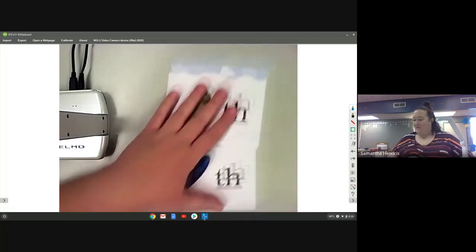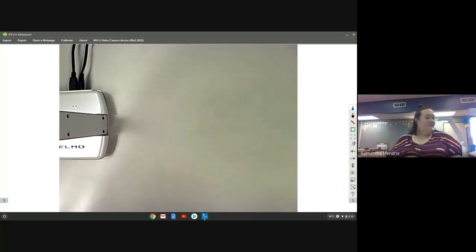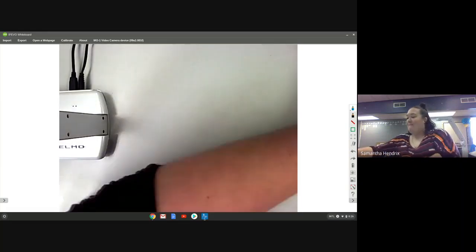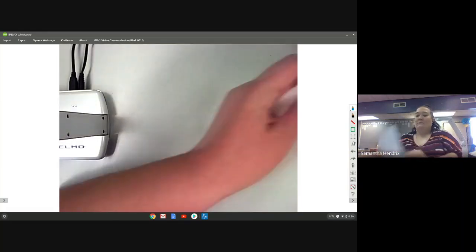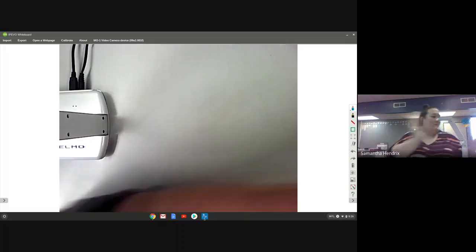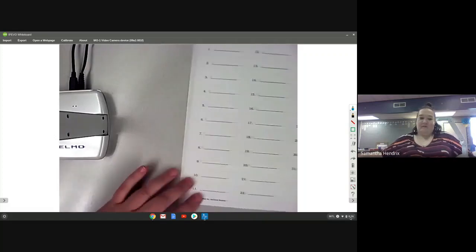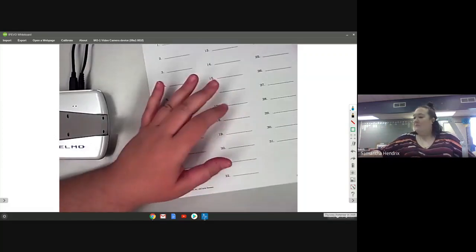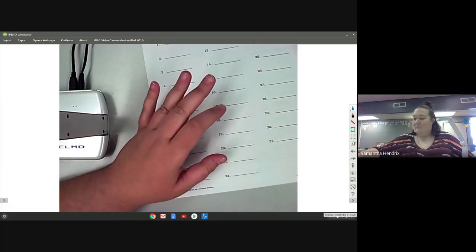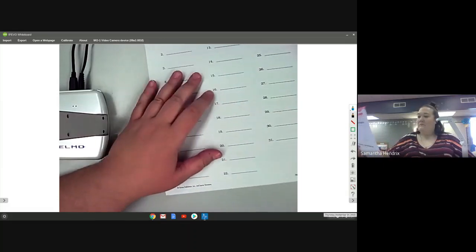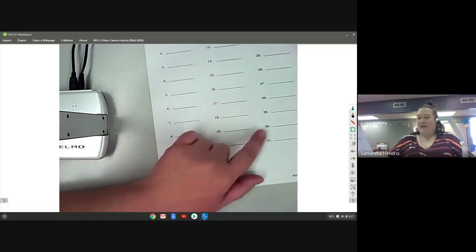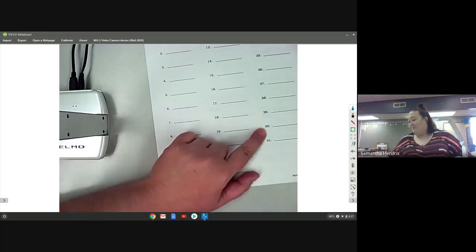So, get your high frequency page 12 out. I put it over here. And let's fill in number 30.